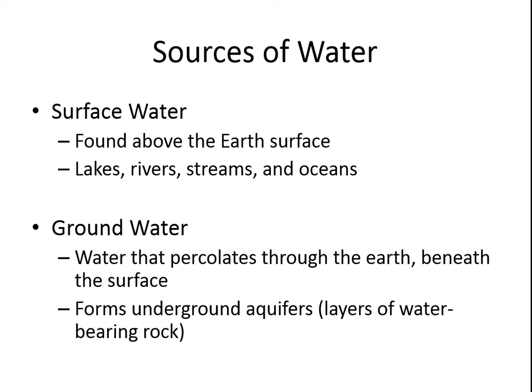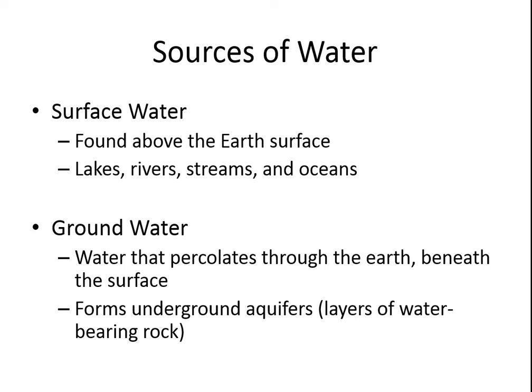Essentially, we find water in 2 places on the earth. We can have surface water, which is going to be found above the earth's surface. This is where most of our water is, tied up in lakes, rivers, streams, and oceans. And this is essentially the water we can see. But we also have water that's located below the Earth's surface, and this is going to percolate through the Earth beneath the surface, and it forms what we call underground aquifers.